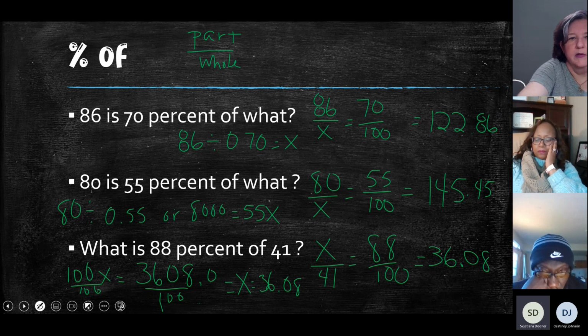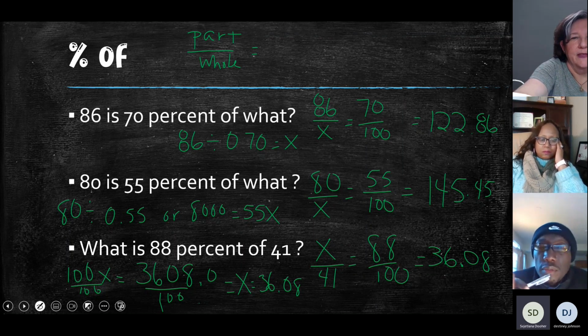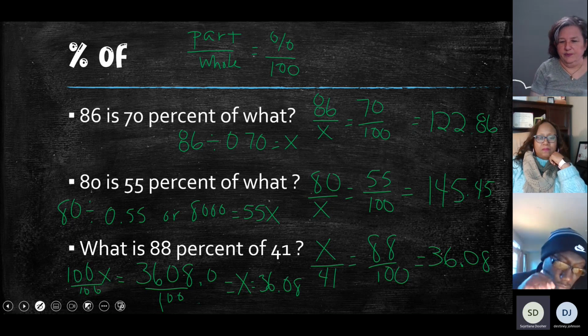Just a quick question. It means we just read carefully and then plug into that equation, right? Part over whole equals percent over 100. Correct. Because 86 is 70% of what? It means I have a part over whole.